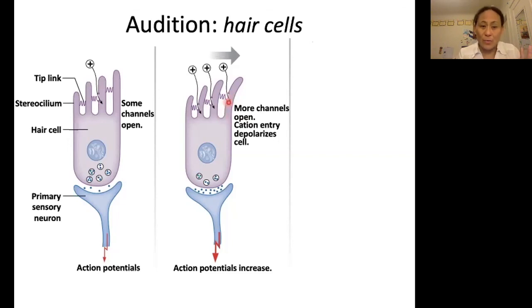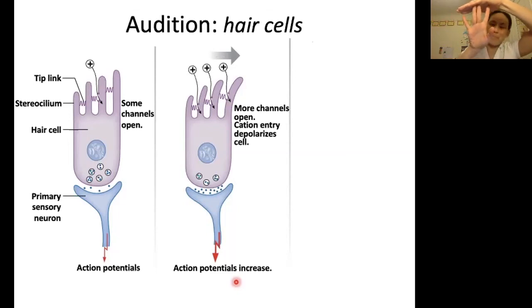In this case, that's a graded potential that travels down and is interpreted and leads to more neurotransmitter release, right? So we have a larger signal here than we had over here. So we get more neurotransmitter release here. And then in the cell that is downstream of that, we get an increase in the number and frequency of action potentials, okay? So that's what happened when we moved the hair cells this way.